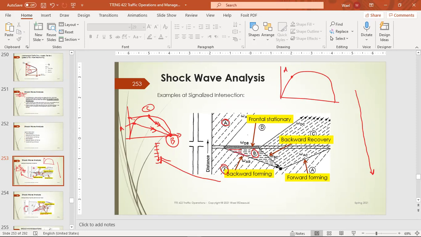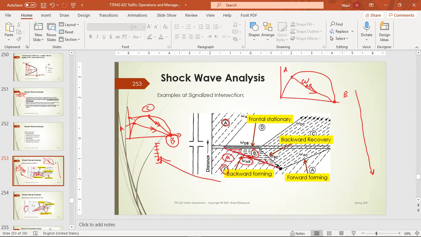So that's A, they go to B. Now we have two states of flow, A and B, and there's a line between the cars that are stopping and the cars that are arriving. The speed of this line, how does it progress? This is the shock wave AB. So this is the vector of the shock wave AB.